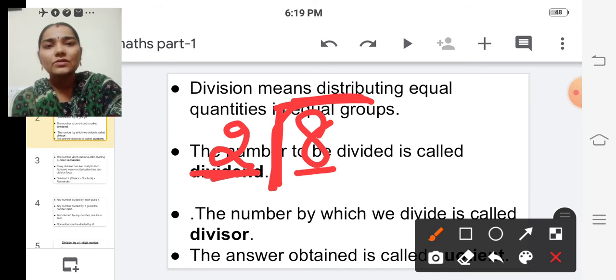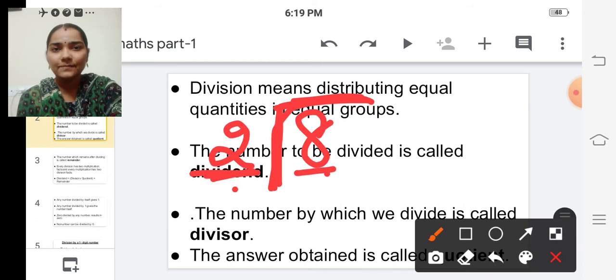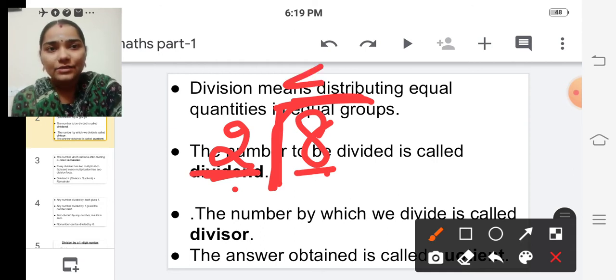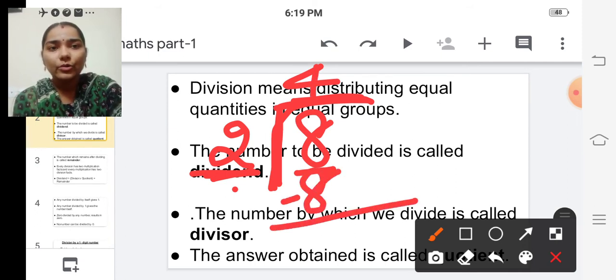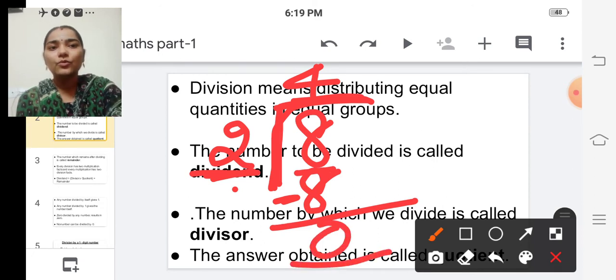How to divide 8 by 2? 8 is greater than 2, so we can divide. 4 2s are 8. We subtract: 8 minus 8 is 0.